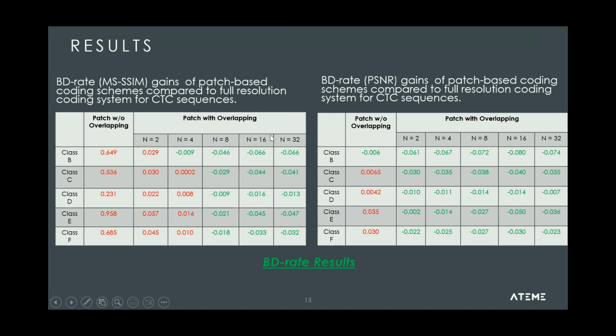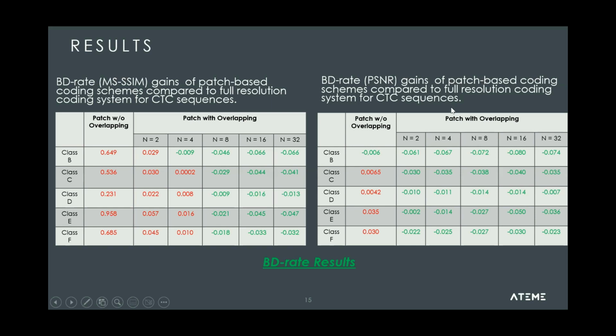And for n equal to 16, we have a peak of our performance, and when we go to n equals 32, we can see that it starts to decrease, which is normal, because when we increase the number of overlapping pixels, we increase the number of pixels that we code, and at some point the rate will increase, and it will deteriorate our performance.